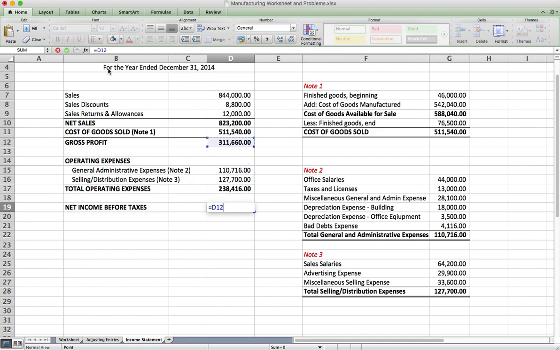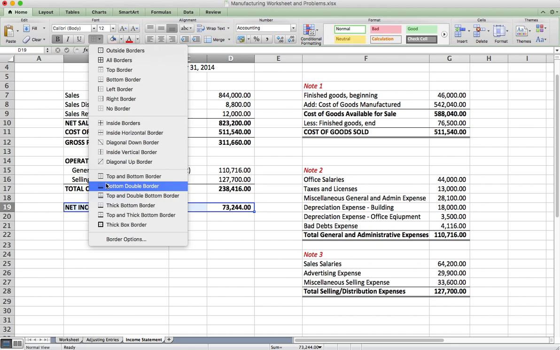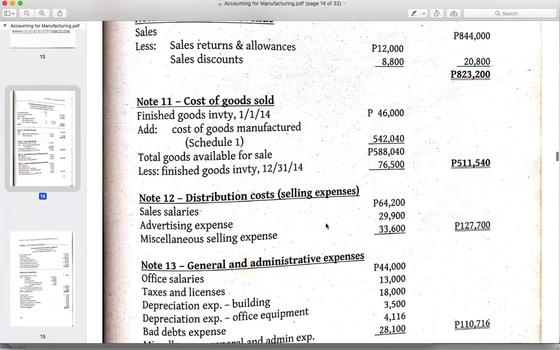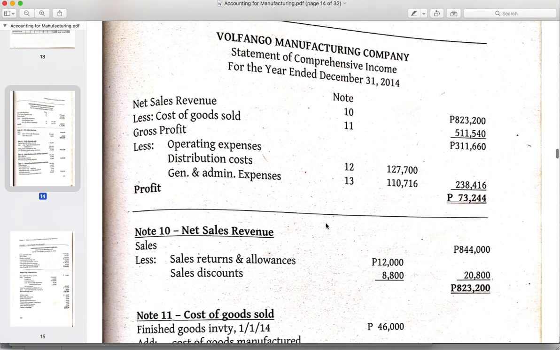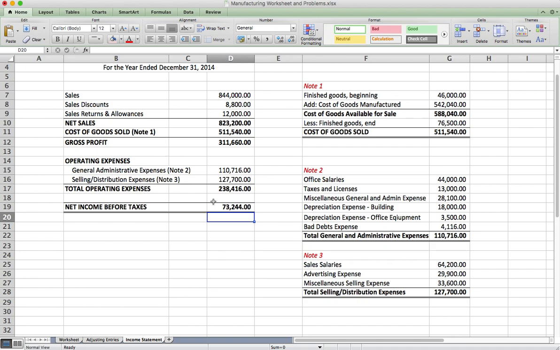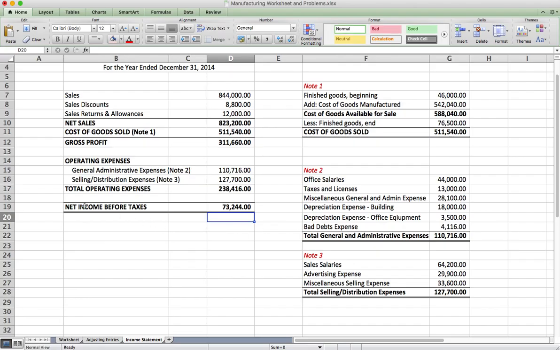Bale, gross profit less total operating expenses. Ayan. Okay? Tingnan natin kung pareho ba. Tama naman. 73,244. Okay. 73,244. That is your net income before taxes or your profit.